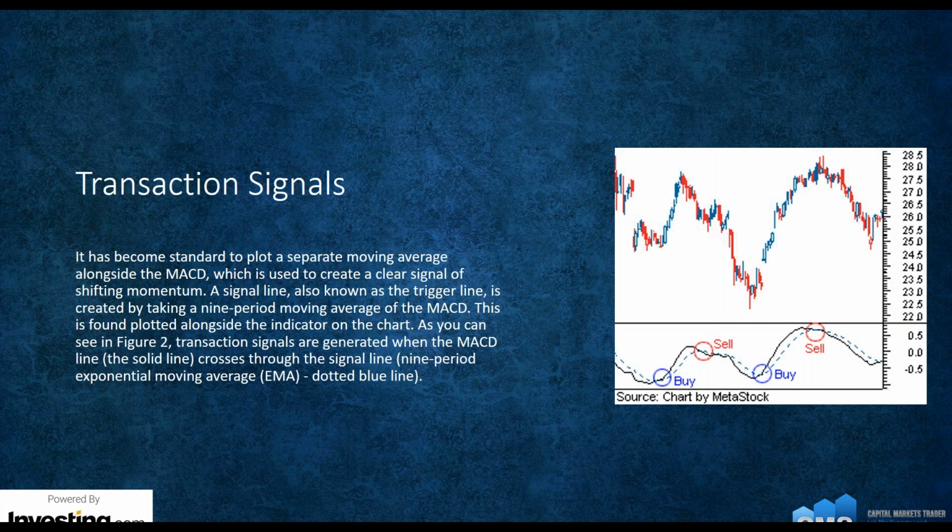And when it crosses over, it generates what's called transaction signals or buy signals. Whenever the MACD histogram forms a 0, it's telling you it's a buy or a sell signal. If it falls below, it's telling you to buy. If it goes above in the MACD histogram, it's telling you to sell.